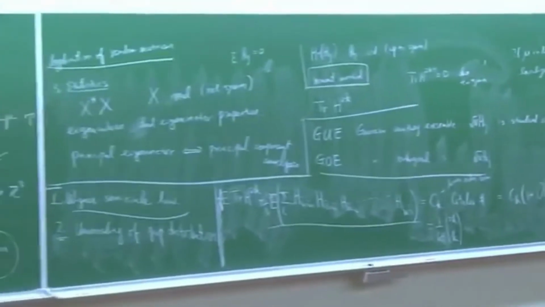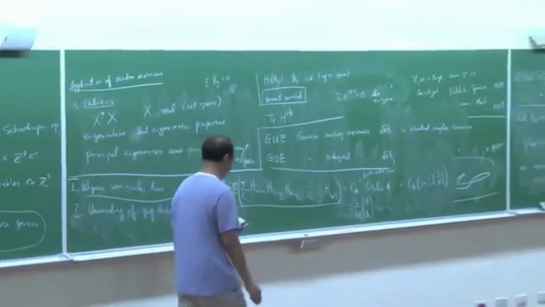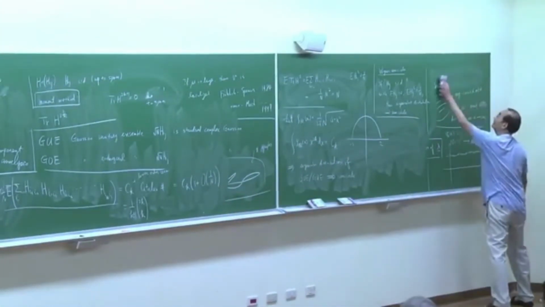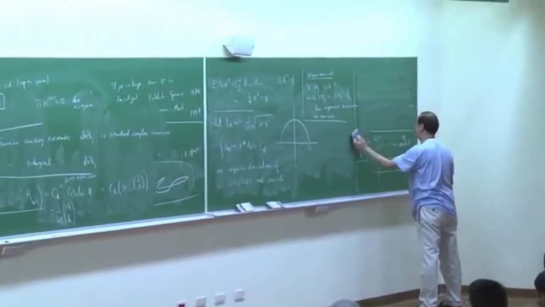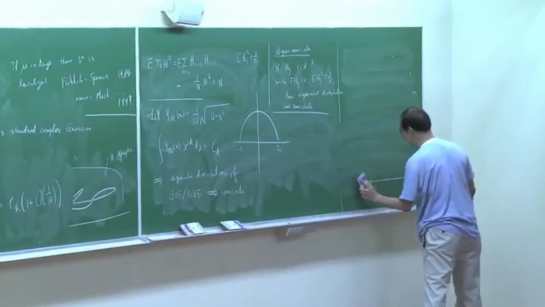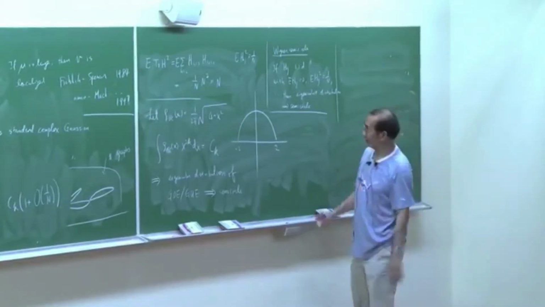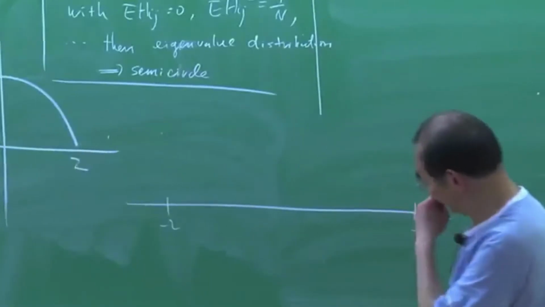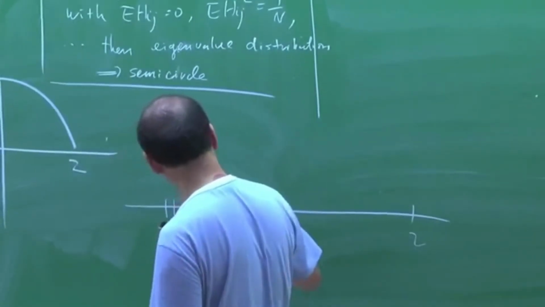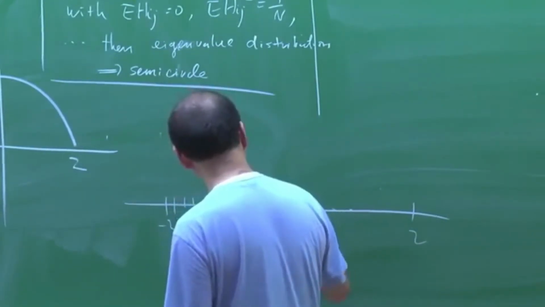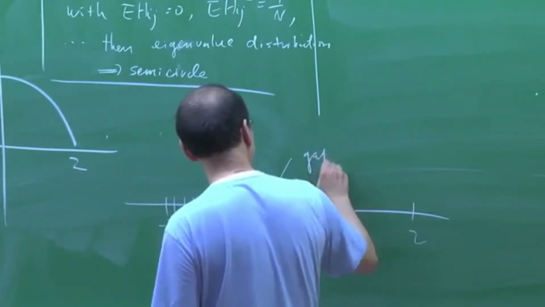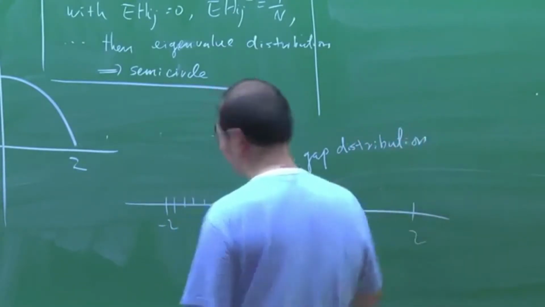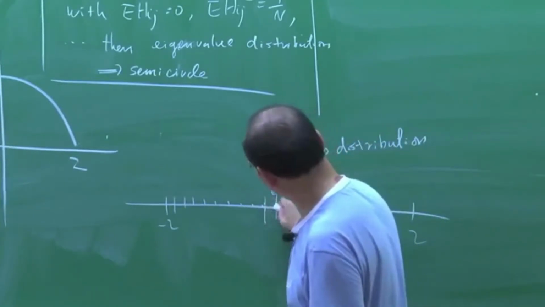Then we can ask a much more ambitious question. So we're going to ask the following. If you have eigenvalues from minus 2 to 2, now you ask what's the gap distribution of two eigenvalues.